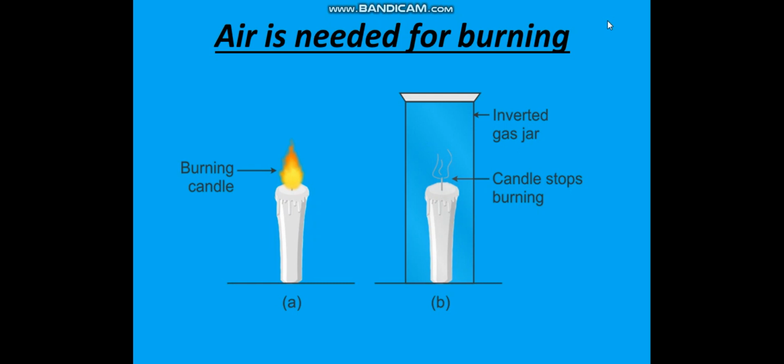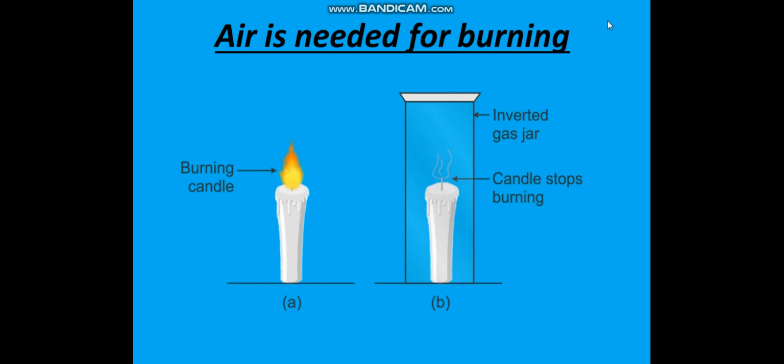Here you can see there are two candles in front of you, A and B. Here is an activity by which we can conclude how air is needed for burning.